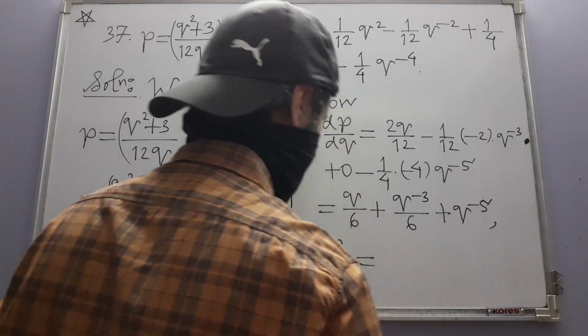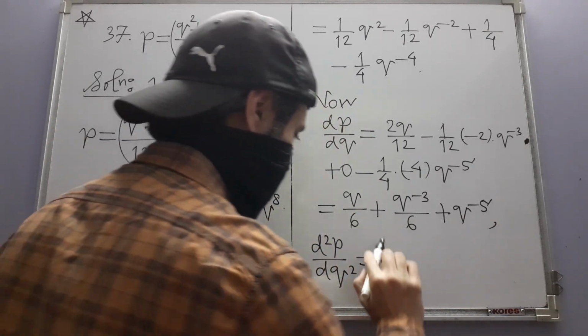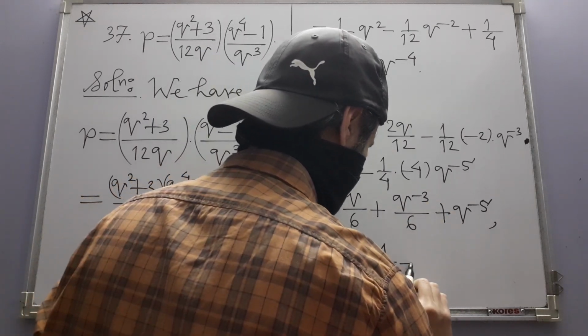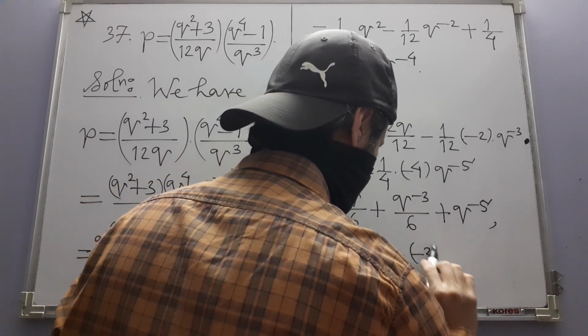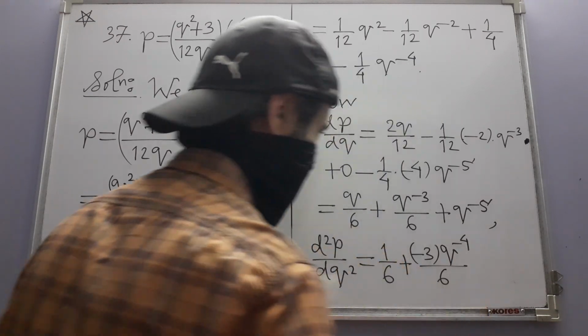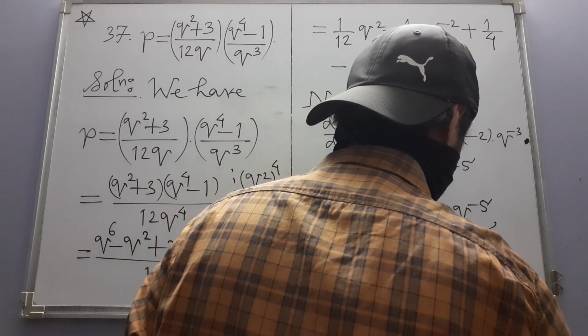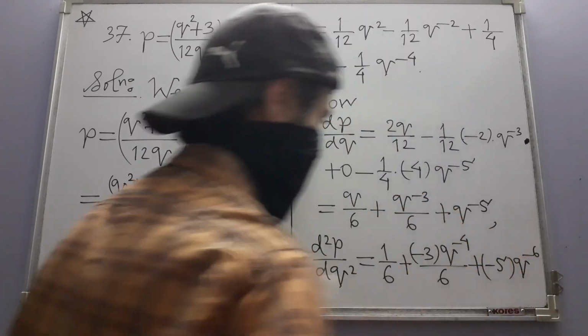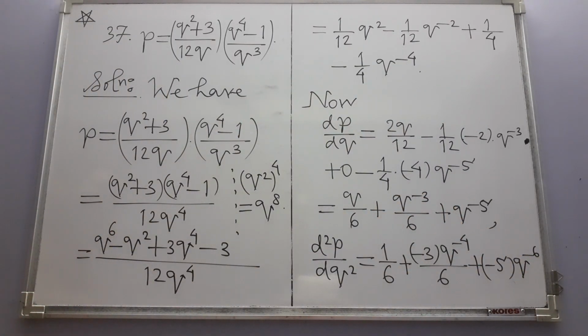is, if you differentiate q, you get 1 over 6. Q to the power minus 3 will give you minus 3 times q to the power minus 4 divided by 6, and q to the power minus 5 gives you minus 5 times q to the power minus 6.